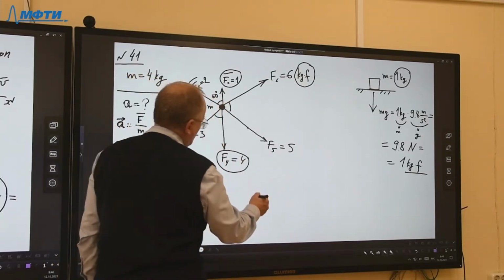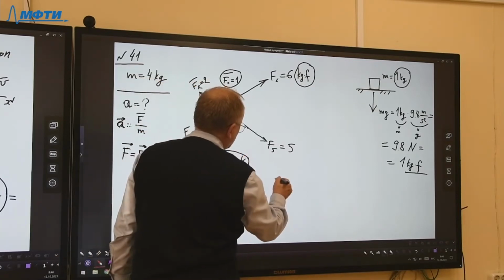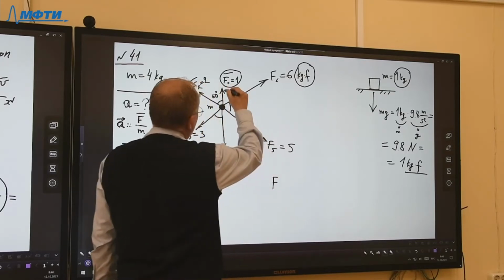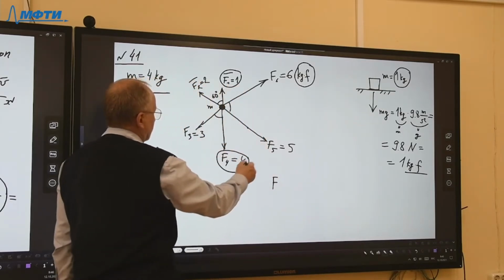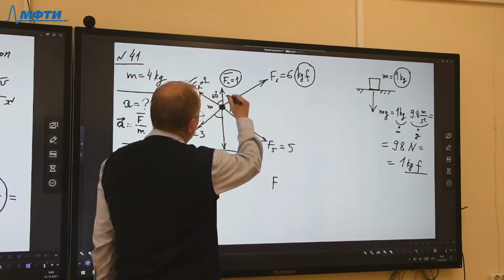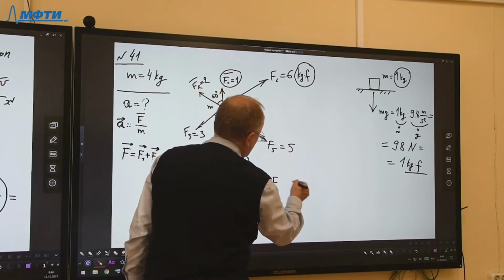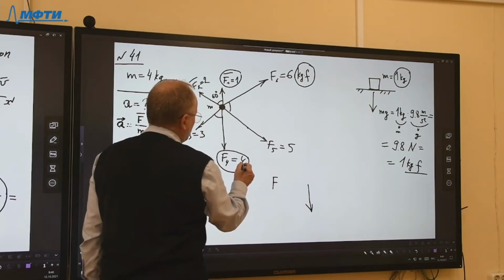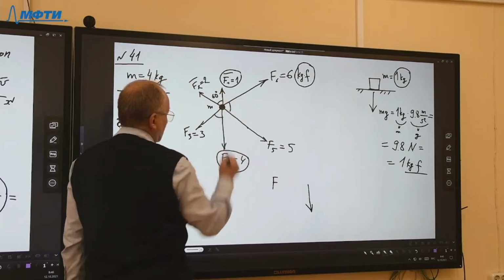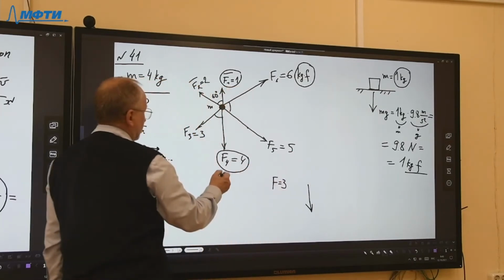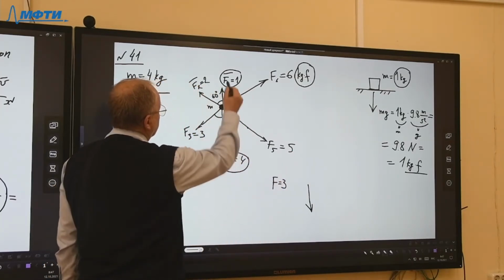So the total force acting in the vertical direction will be directed downward because the force F4 is larger, and it will be equal in magnitude to F4 minus F1.